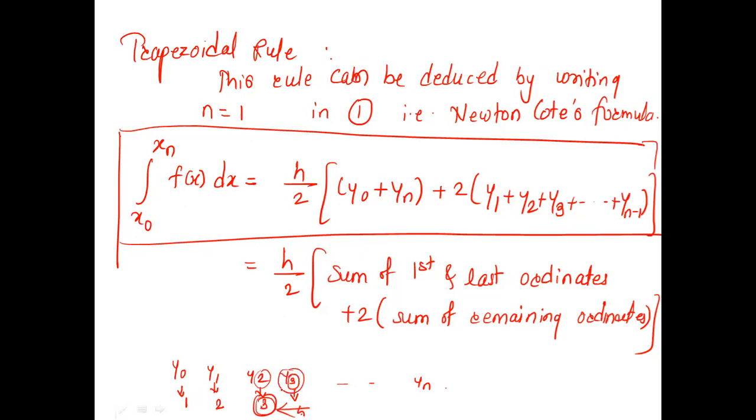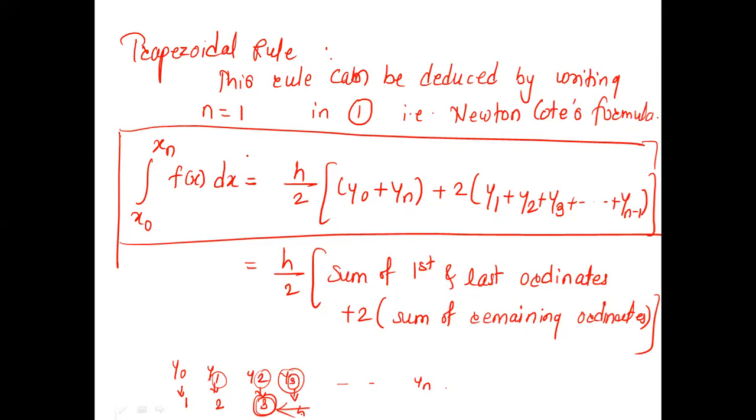Please remember: y naught is first, so y1 is second, which is even. Even though 2 is an even number, y2 is the odd ordinate.